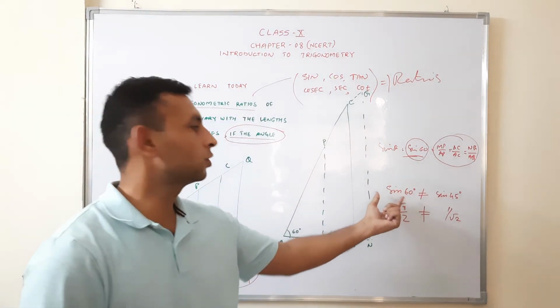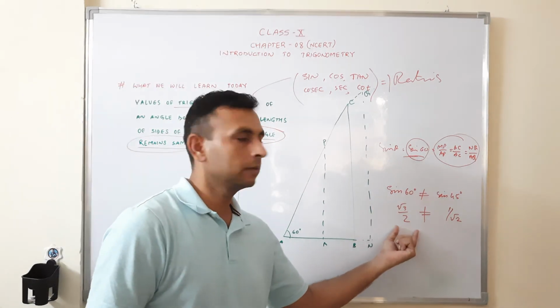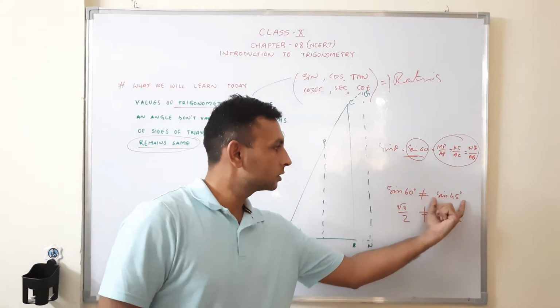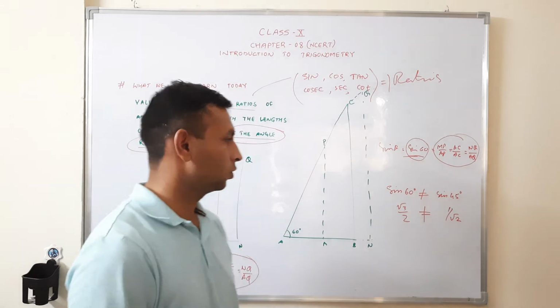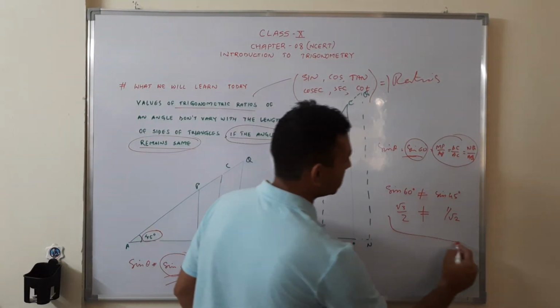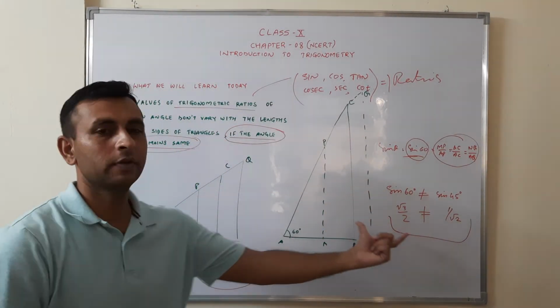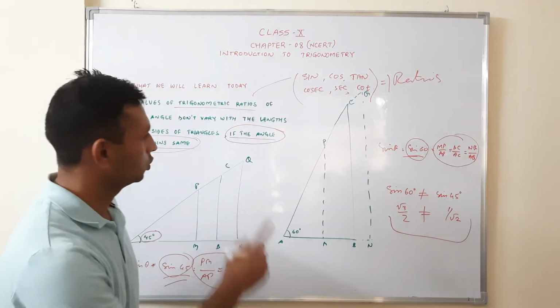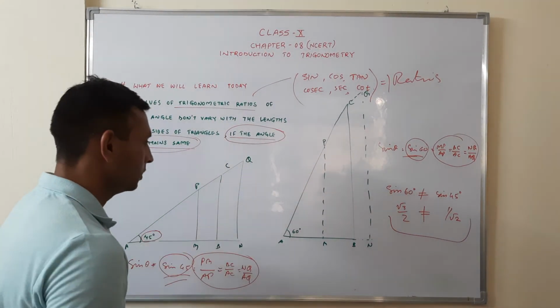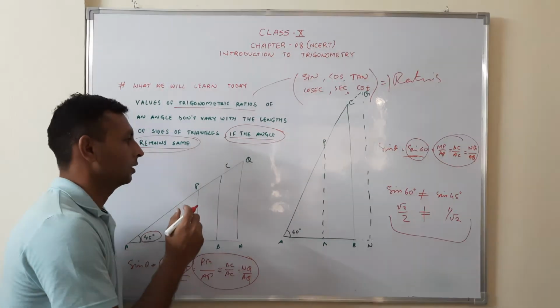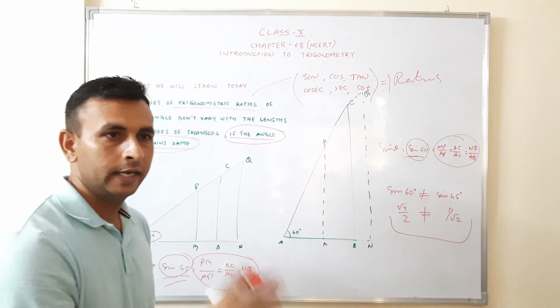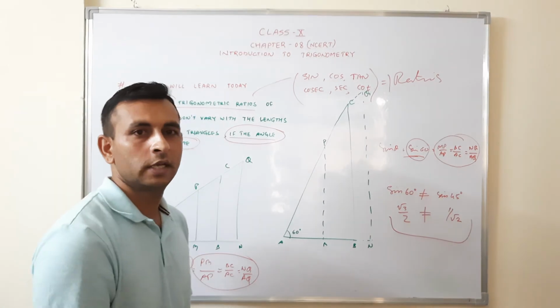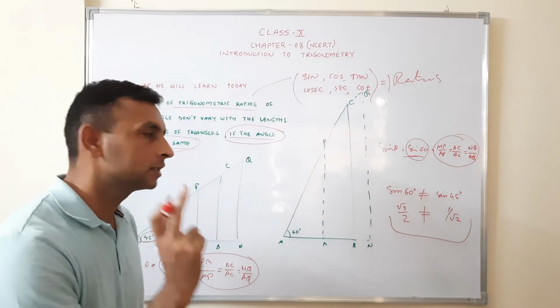When you check, the value of sine 60 comes as root 3 by 2 and sine 45 is 1 upon root 2. So why has this difference come? This difference has come only because of the change in angle. So again I am reiterating, the ratios of the sides will not change if the angle remains the same.